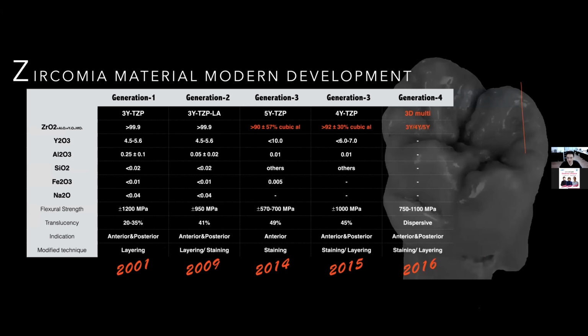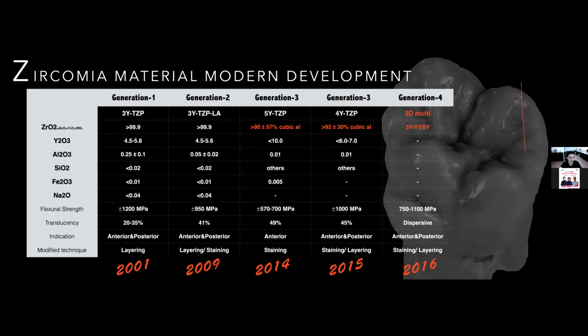And we are very lucky because from 2001 until nowadays, our zirconia material has developed and become better and easier to control and use. So nowadays we have a very nice material that is high translucent, high strength, and also multicolor.